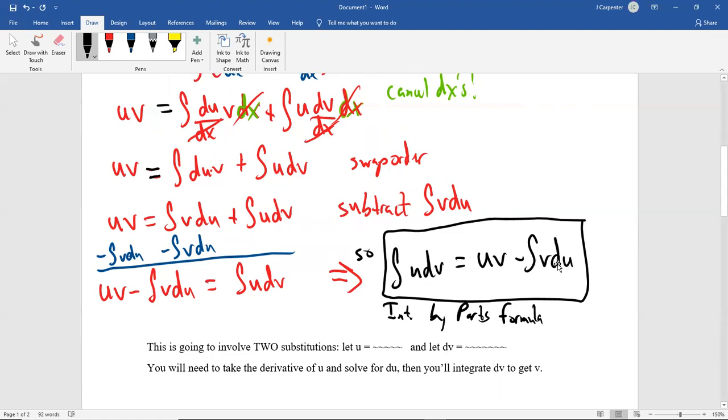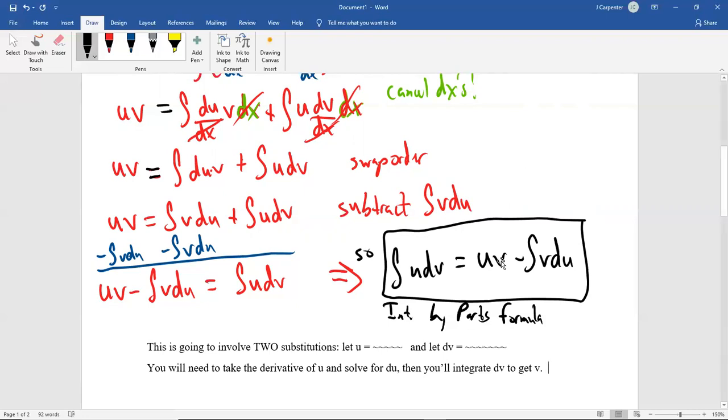It's not a dx, it's going to clean up things. And in this formula, you also need v, and the way we get v is by taking the dv part and integrating it. What this formula enables us to do is integrate products, quotients, chain rules that don't work under a normal substitution, but might work with this advanced technique that involves a derivative and an integral and then another integral.